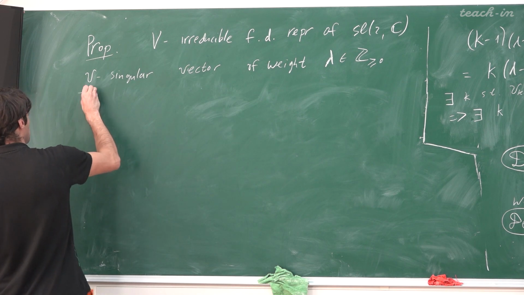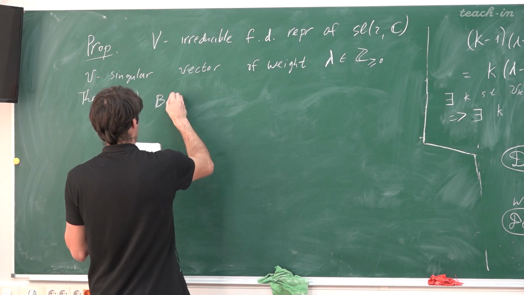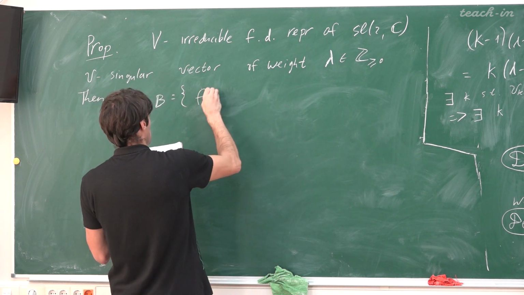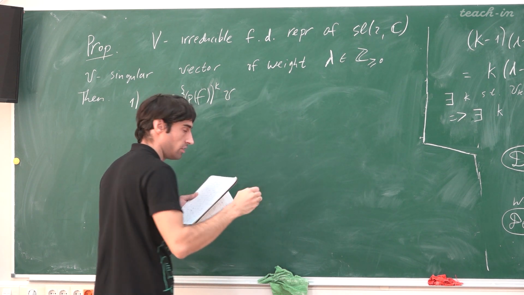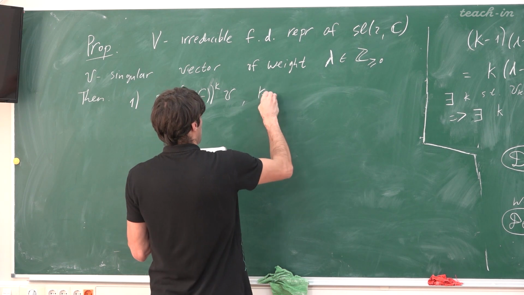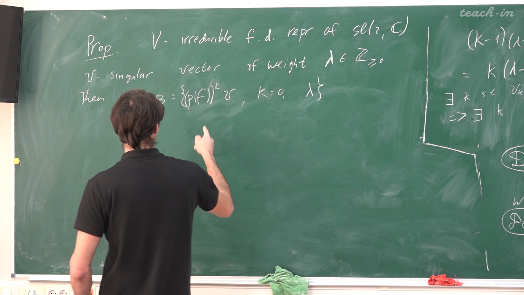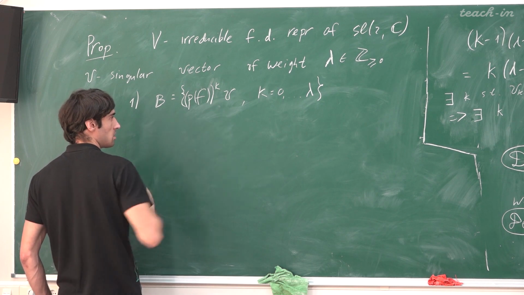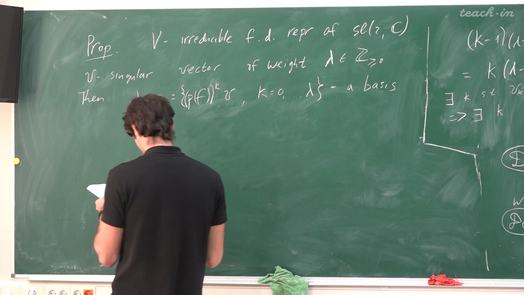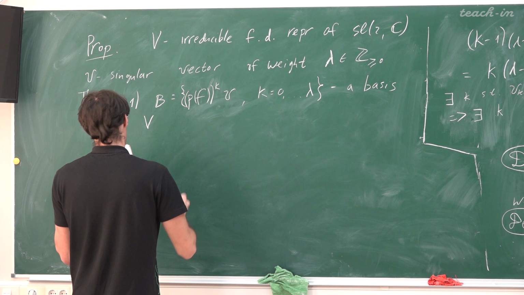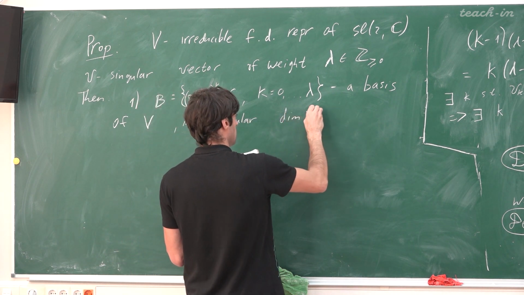Then the following is true. First, I claim, and it's easy from what we learned proving the previous proposition, that the set of vectors rho of f to the power k applied to v, with k from 0 to lambda, which I denote as B, is a basis of V. In particular, the dimension of V is lambda plus 1.